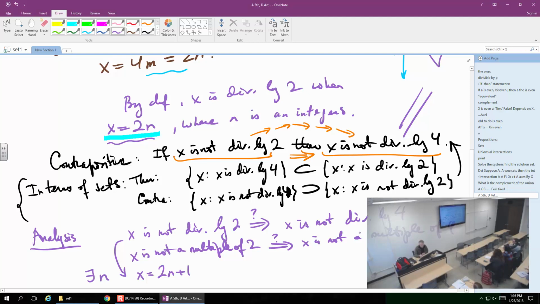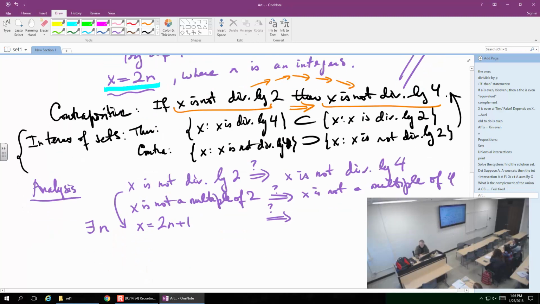Similarly, what we want to conclude from this is that x is not a multiple of 4, and then there is some m. So x is equal to, and now this time we divide by 4, so there are actually 4 possibilities. When divided by 2, there are 2 possibilities, 0 and 1. When divided by 4, there are 4 possibilities: 0, 1, 2, and 3.